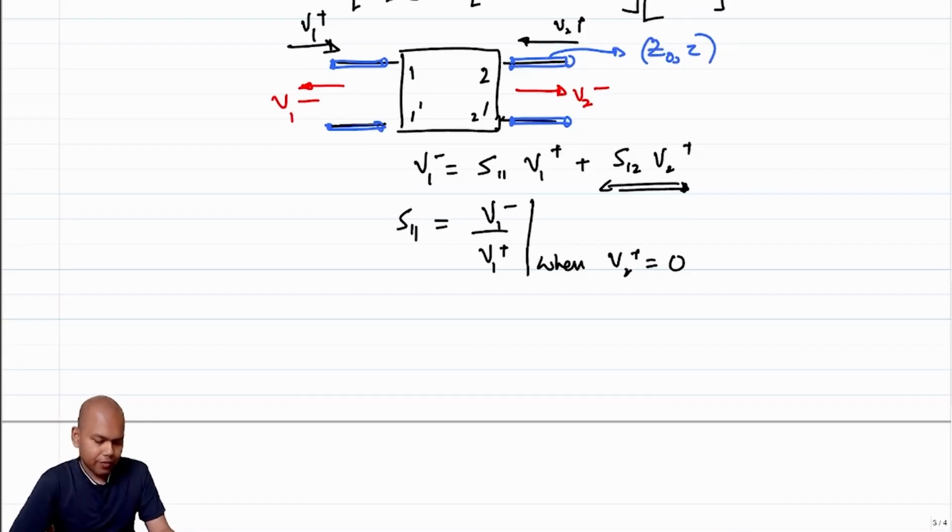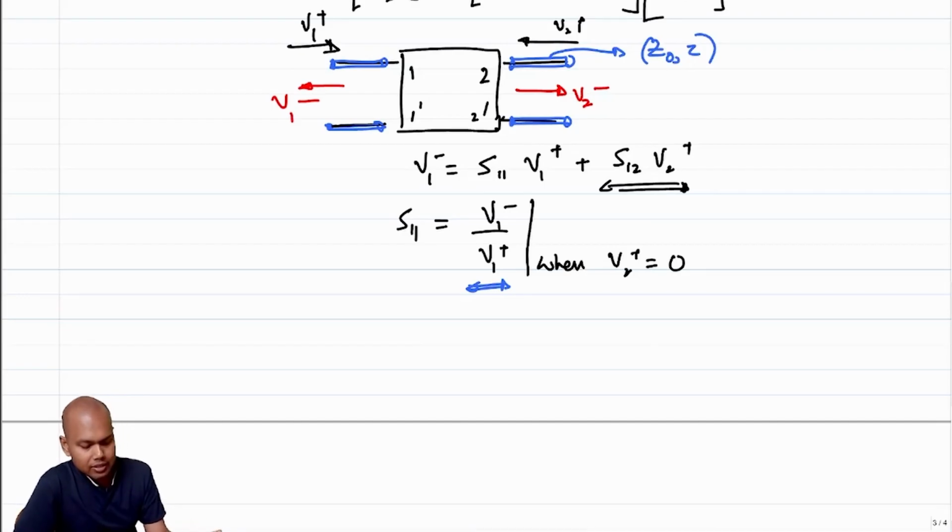So when I say V2 plus is equal to 0, what does it mean? In this setup, it looks like your V1 plus is the independent variable, right? And we are trying to characterize the system with respect to V1 plus.